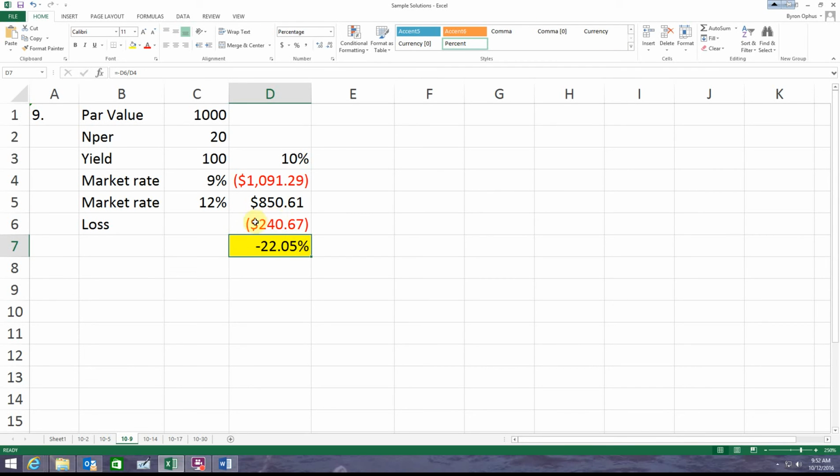And I know that I lost money, so I've got to make sure that this is a negative number. In my case, your guys' may differ, but you need to understand whether you made money or lost money. I lost money, you guys probably make money on your problem. But it's just minus this divided by my original investment. Okay, so I lost 22.05%. A little better than 22%.